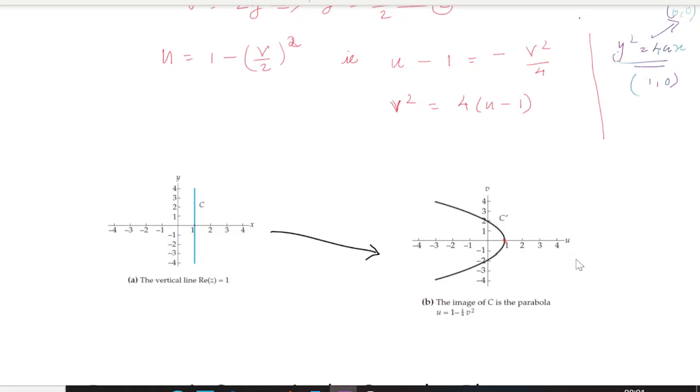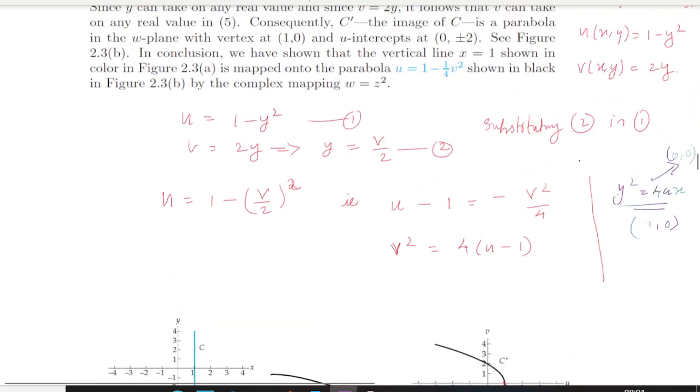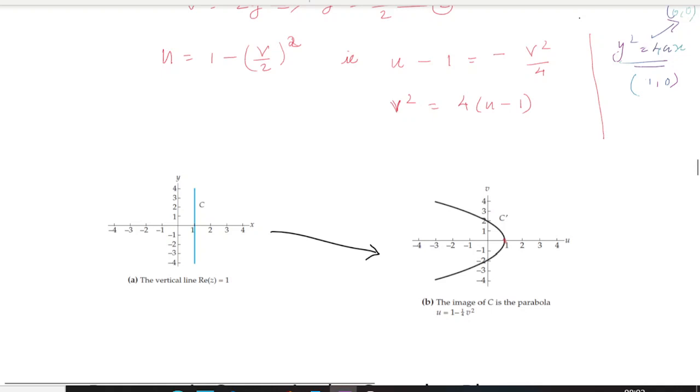Here a is not 1, it is 1 by 2. The intercepts are 0 comma plus or minus 2. So in general we can say that this vertical line is mapped to a parabola like this. This is how we find the images of a complex map.